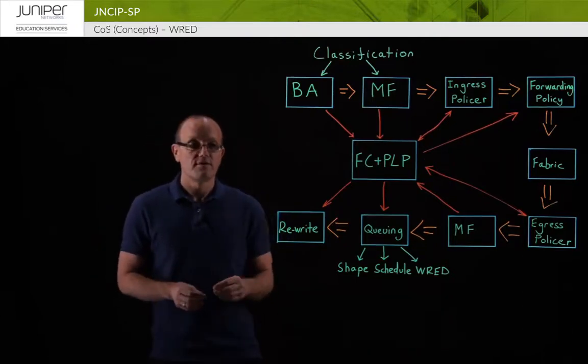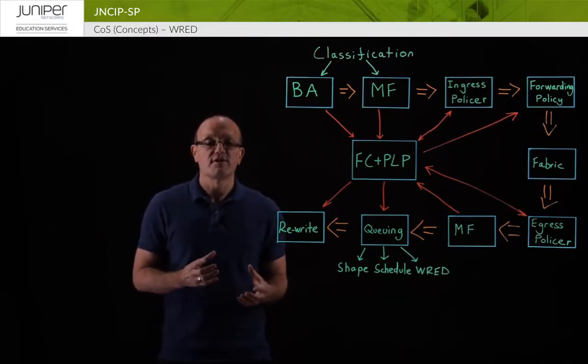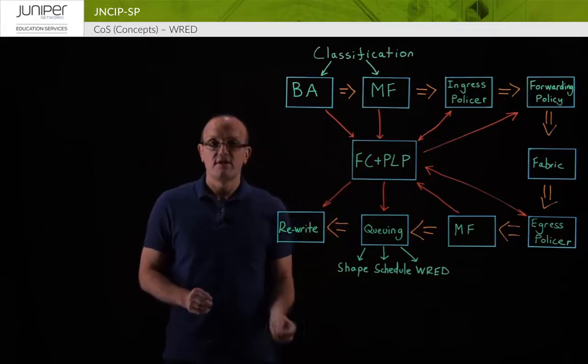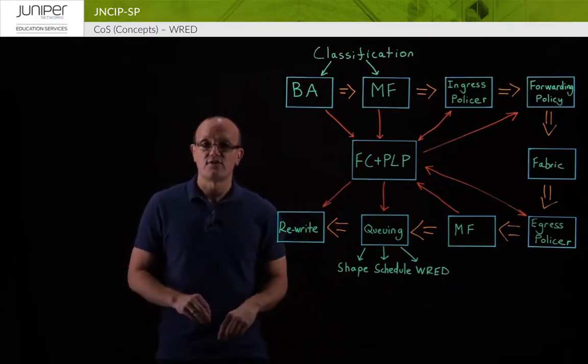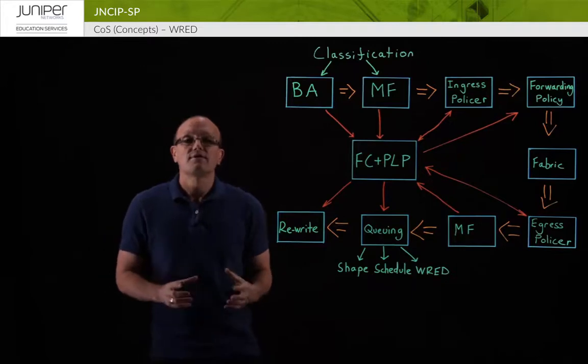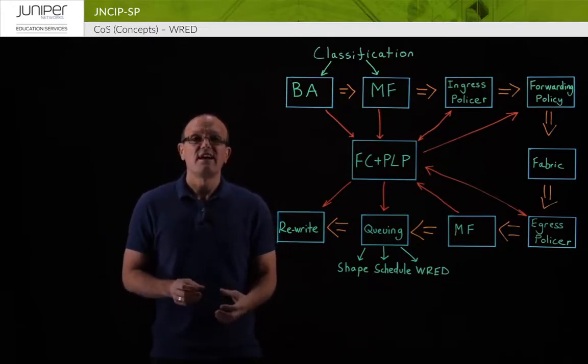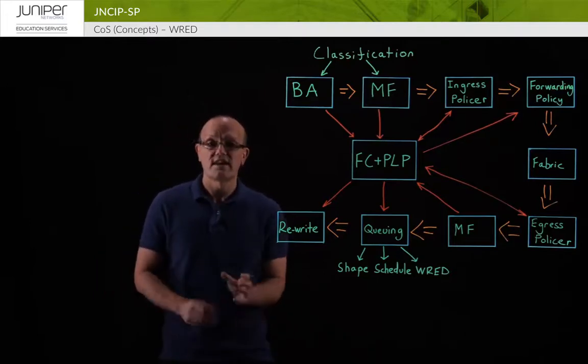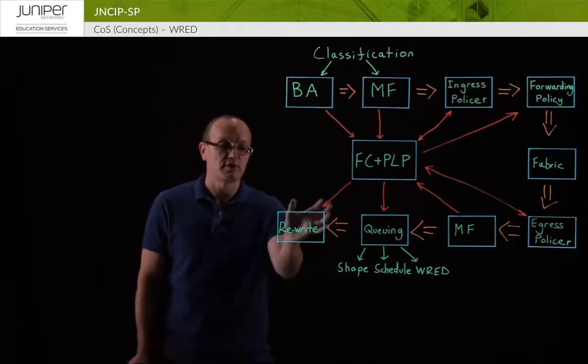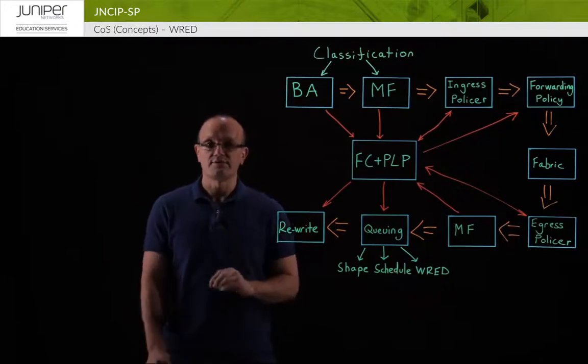So as I've said, because we're assigning different drop profiles to different forwarding classes, this is what gives us the differentiation of service. How this addresses the second issue of TCP global synchronization is it means that we are not affecting all TCP sessions flowing across our interface at the same time.